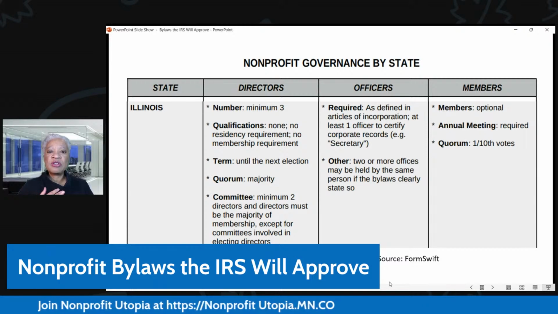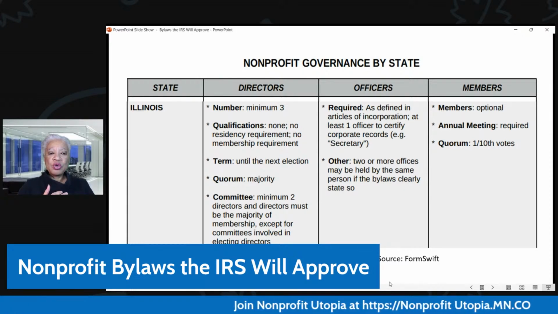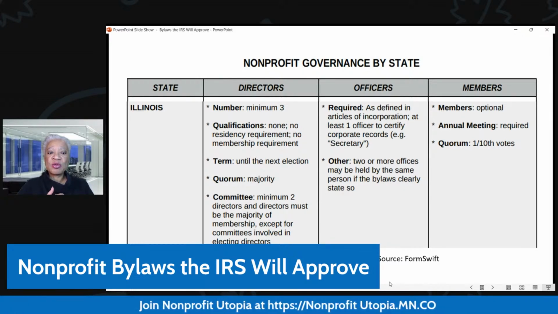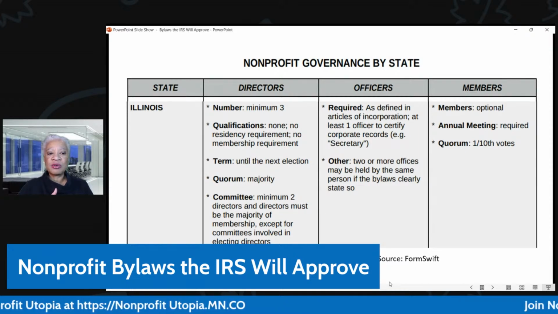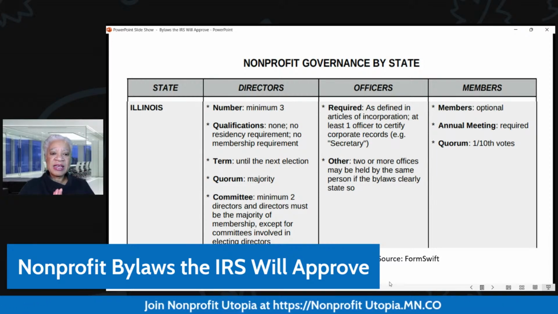So in the state of Illinois, and this is going to vary from state to state, you must have at least 3 directors. At this point, they're not officers, they're just directors, because you're just incorporating. You're not legally an entity yet, and you haven't had any elections.